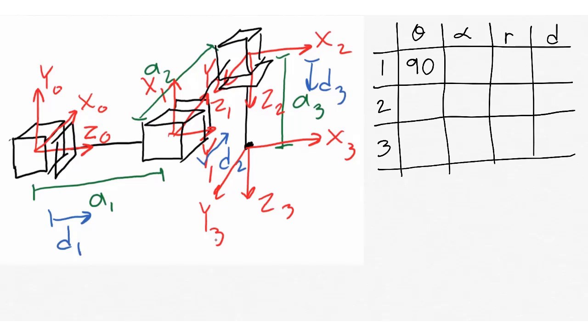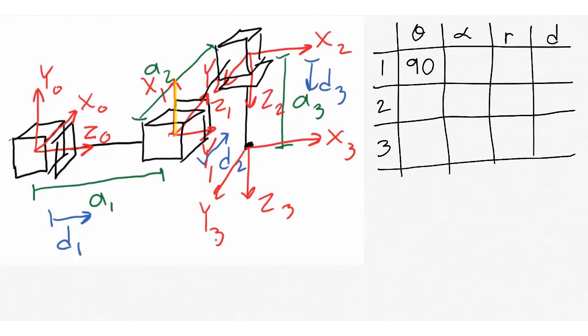Let's try and find theta for the second row. Once again, I have no theta rotation that is due to the joint variable because this is a prismatic joint. So the next thing I want to do is to compare the 2 x-axes of the frame.